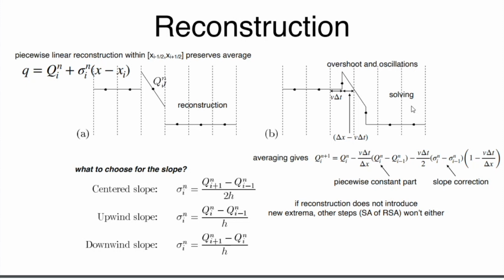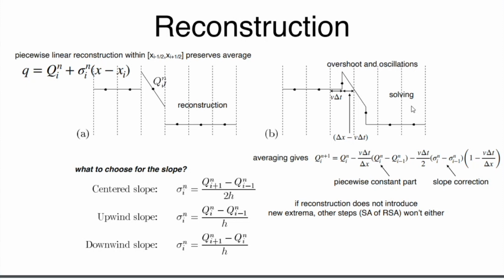This is what we wrote down, right? You just take the difference of i minus i minus 1. This is just that part. And this is the additional part which comes from this linear reconstruction, and these sigmas are the slopes. So this is a general expression, which is not for the specific case.